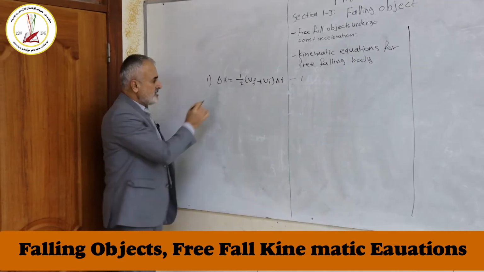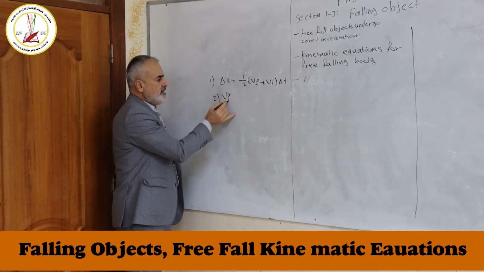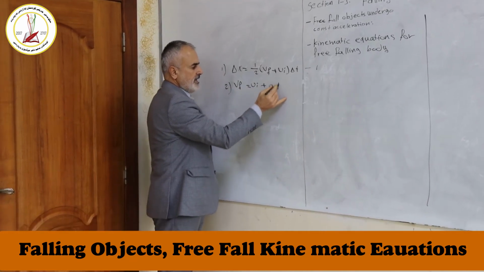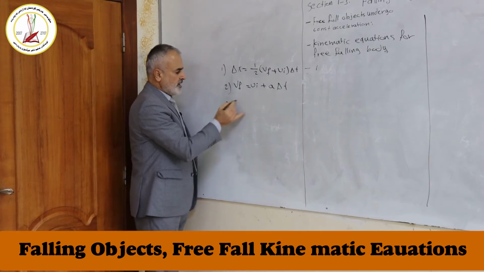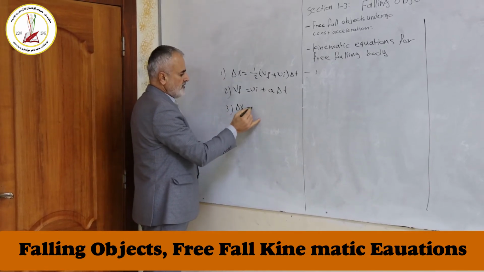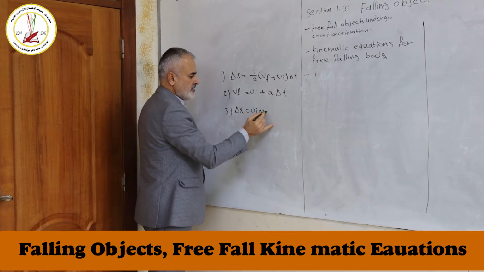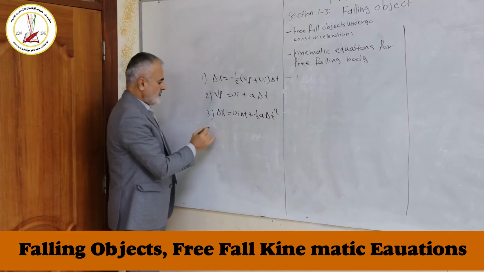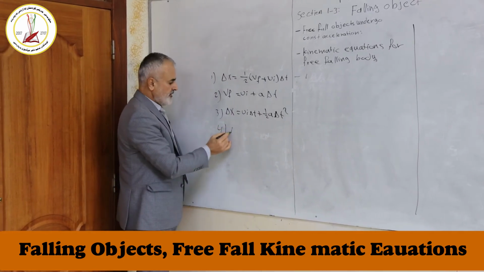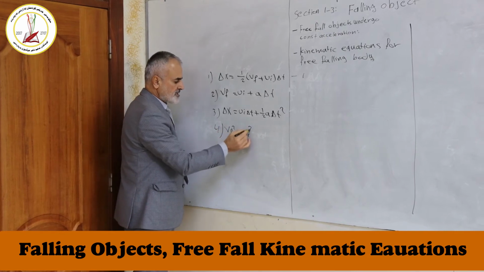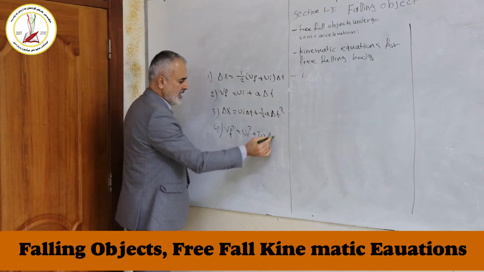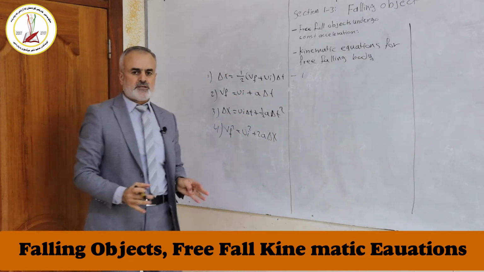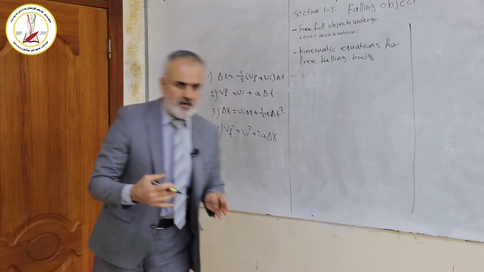Second, V final equals V initial plus a delta t. Number 3, delta x equals V initial delta t plus 1 over 2 a delta t squared. The final equation was V final squared equals V initial squared plus 2a delta x. So this is for the general kinematic equations for an object.